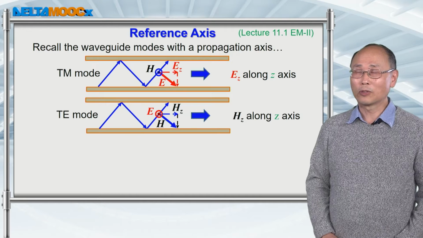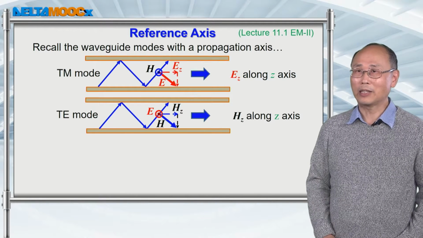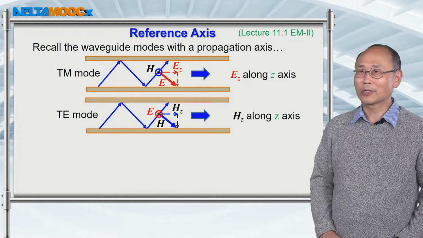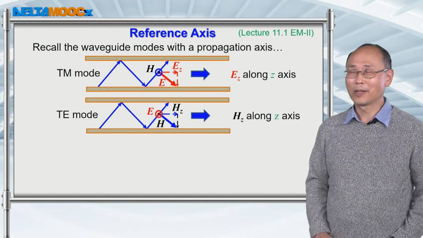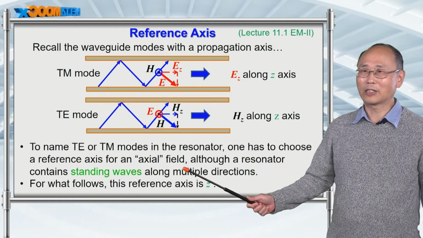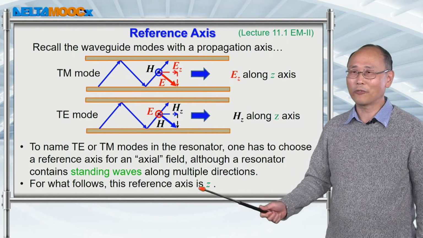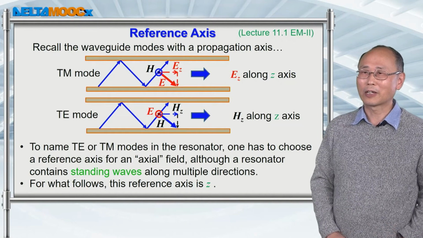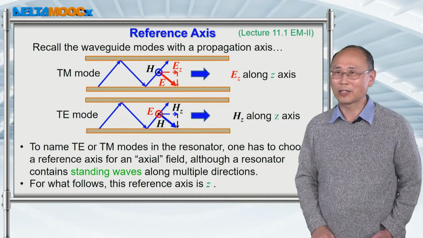Similarly, if we want to define a TE or TM mode inside a resonator, we need to choose a reference axis. So to ease the discussion, we choose the reference axis to be the Z direction. But be careful about the choice of the reference axis.